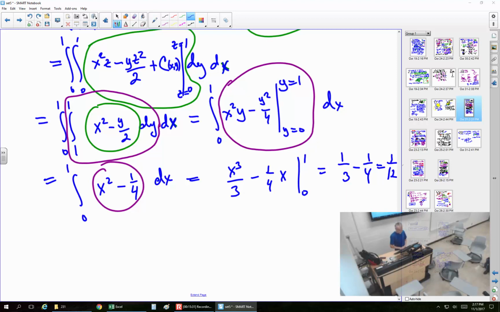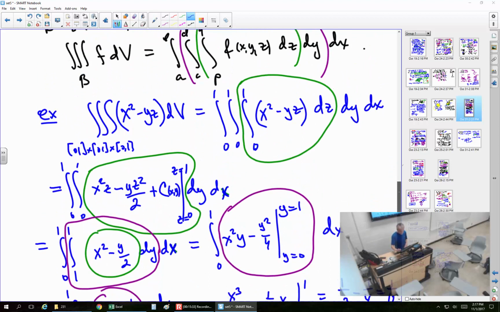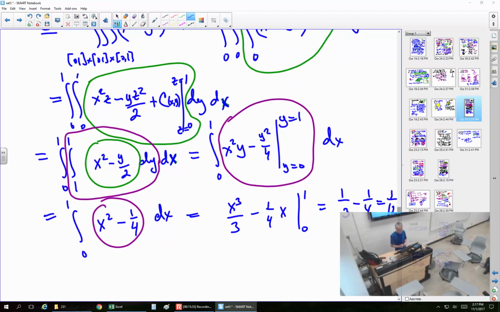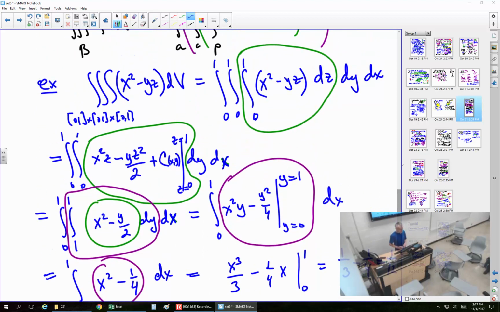Well, I hope I didn't make any mistakes here. So practically speaking, what we have found is this: imagine you have a box of unit size, a cube, and some density within it is described by the formula x squared minus yz. So at the location xyz, this is the density.